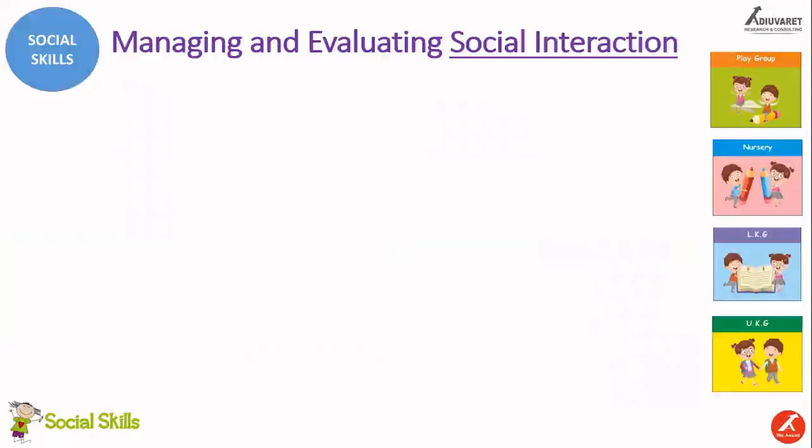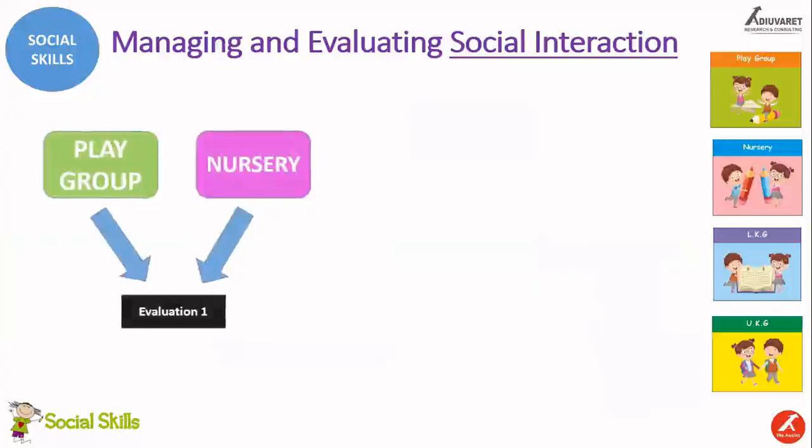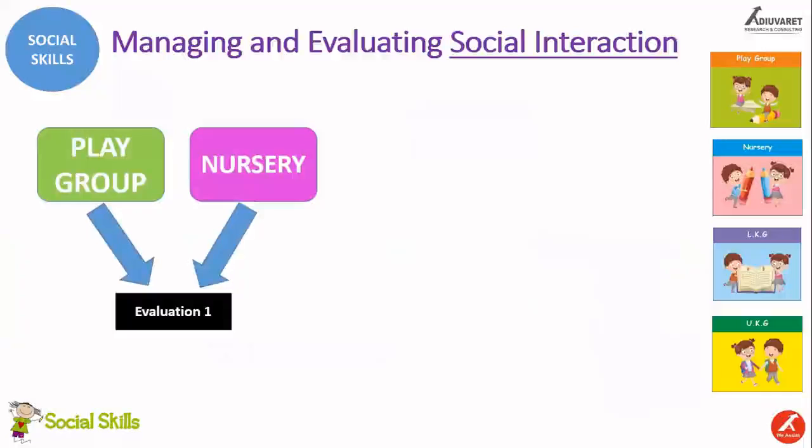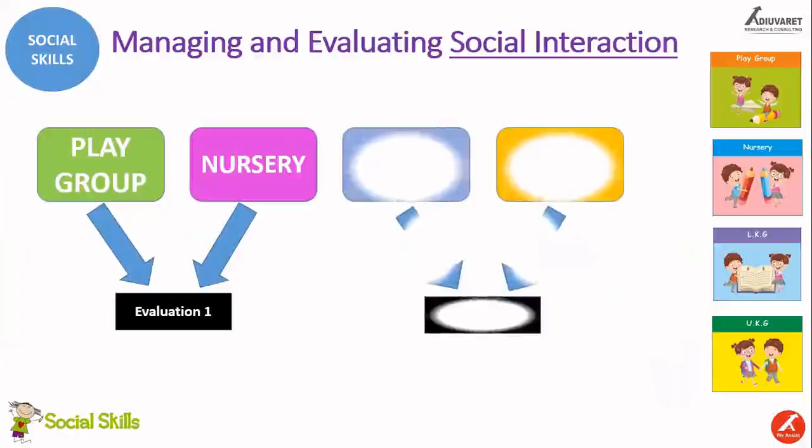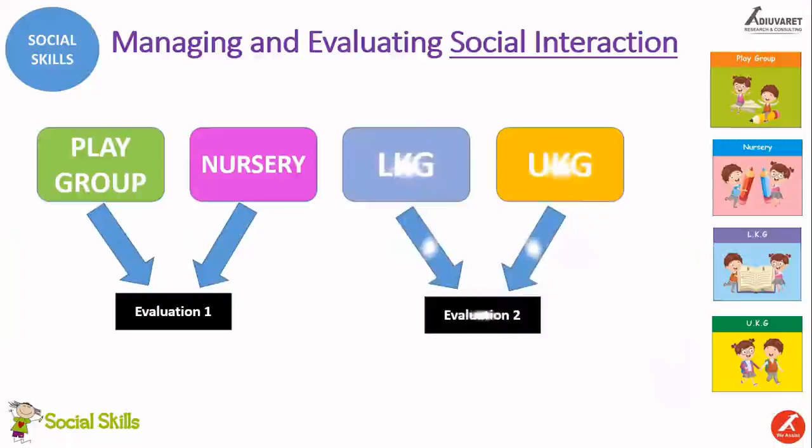We'll go through each skill and see how these skills work. Before going there, the mechanism of evaluation for playgroup and nursery, what we call pre-KG, they are combined into one group.